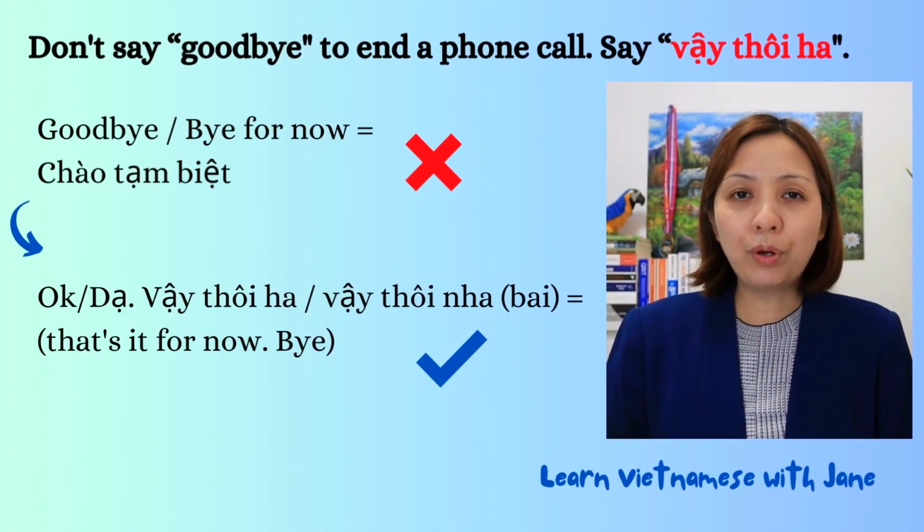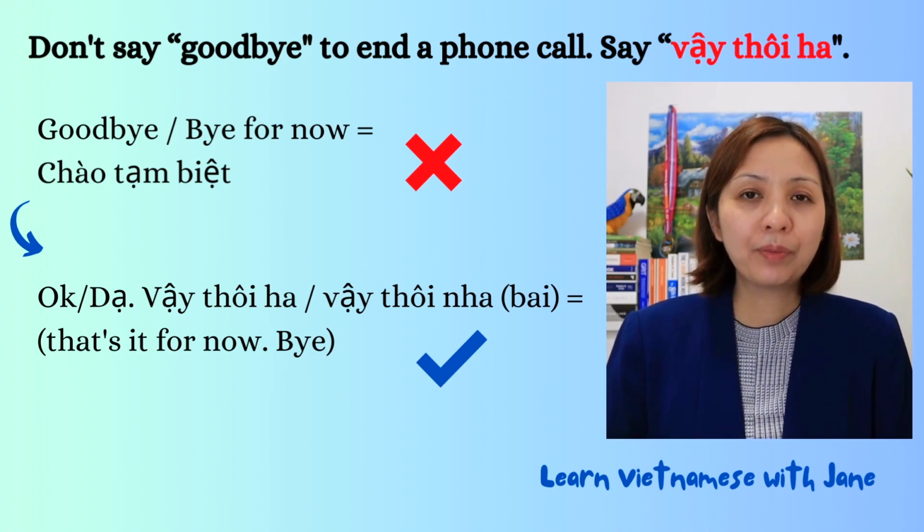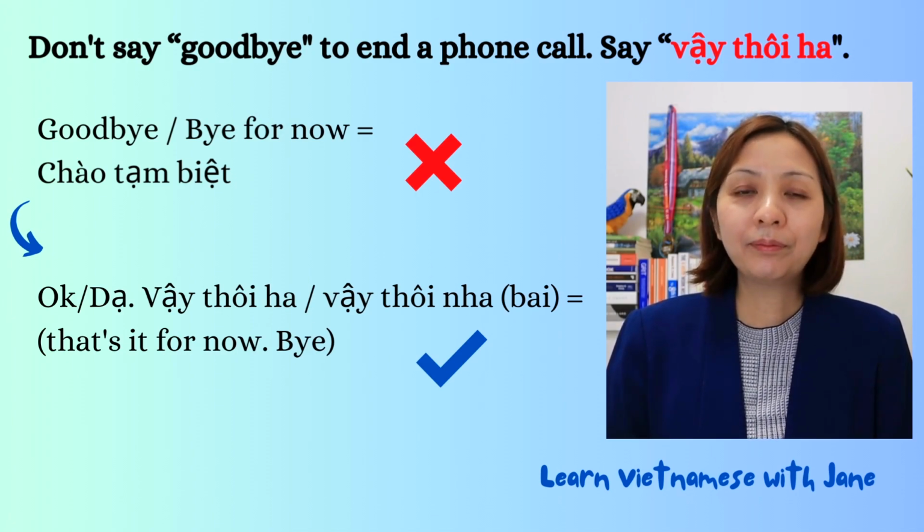Now, when you have a phone call with someone, and before you hang up, in English, we usually say goodbye or bye for now. But in Vietnamese, we don't say goodbye or bye for now before we hang up. We say, vậy thôi ha, or vậy thôi nha.